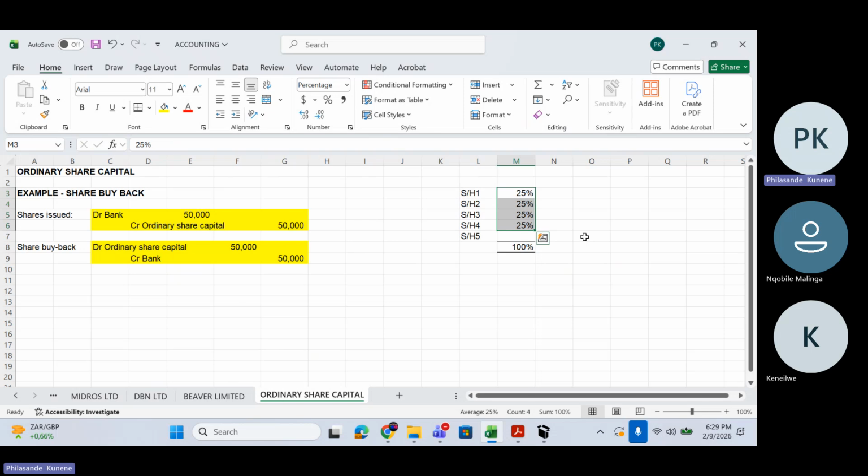If I'm holding 25% of the company and 1 person enters, then my percentage share will go down, and I'm not happy as a shareholder. So now all of them will need to have 20%. That's why the other shareholders will not be happy. And in total, this will be 100,000.